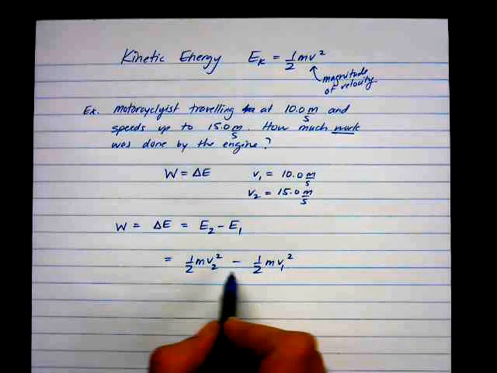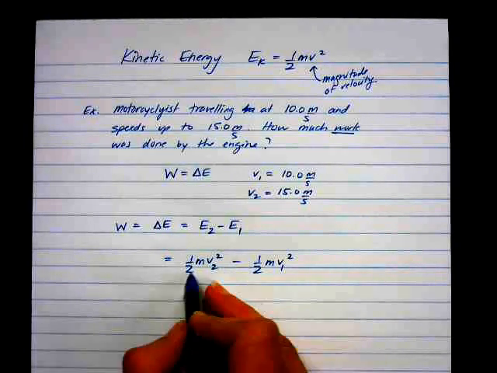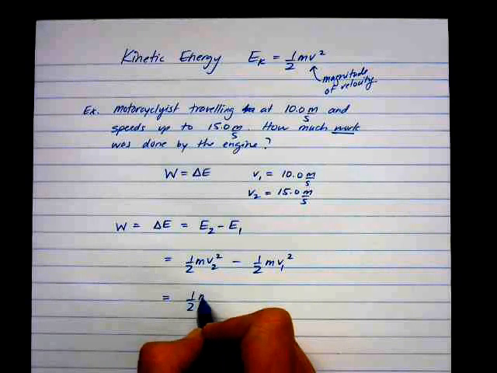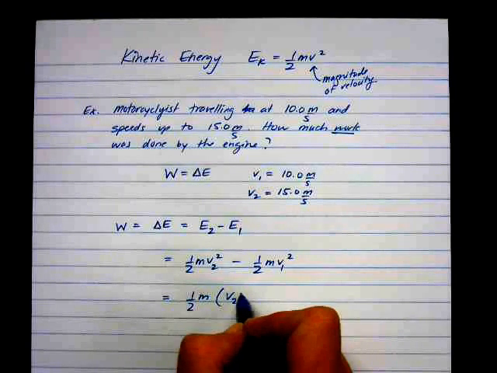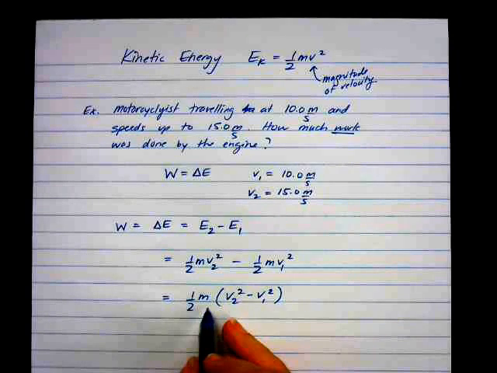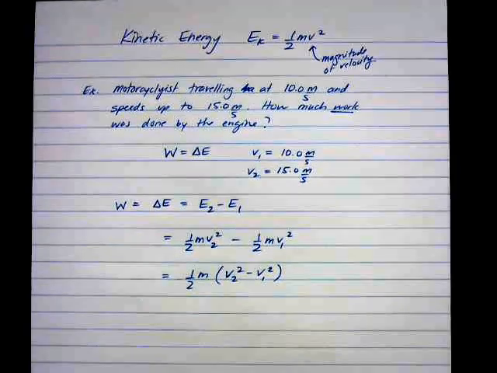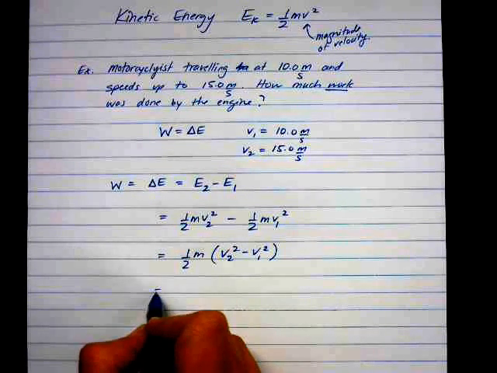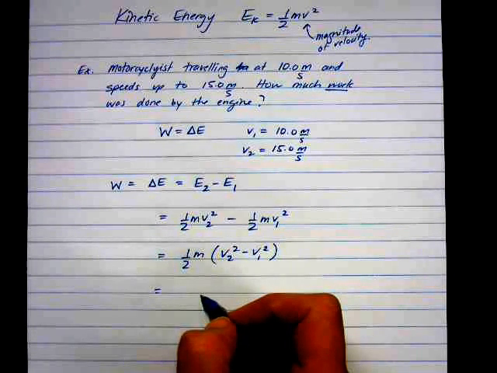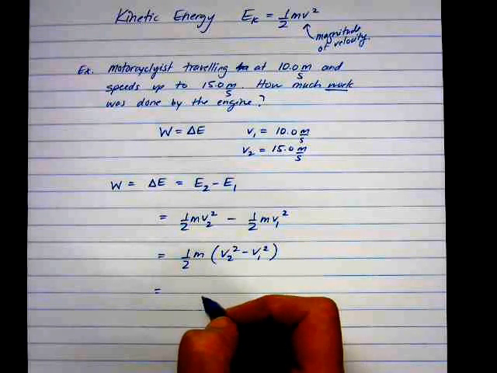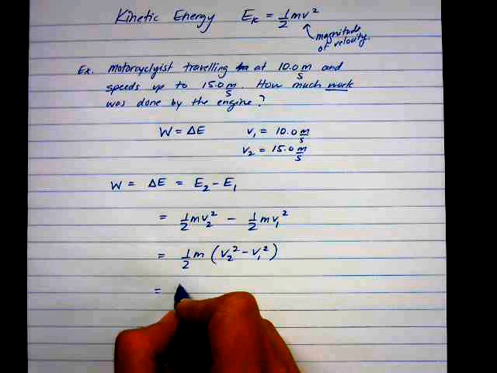You can see that the 1/2 and the m are the same, so if you want to factor this out, you can, and just deal with the math in here because the numbers out in front are the same. I didn't put in the mass of the motorcyclist, but we can put the mass of the motorcyclist and the motorcycle to be 250 kilograms.